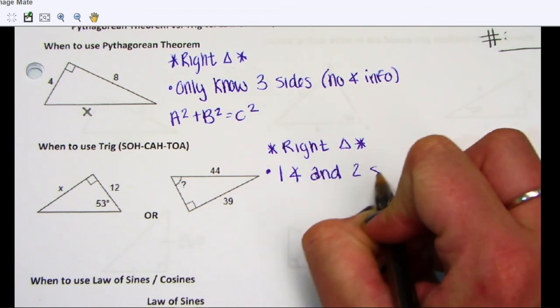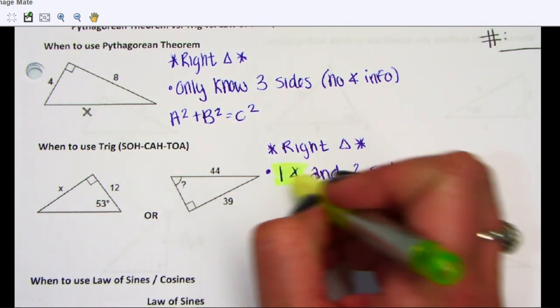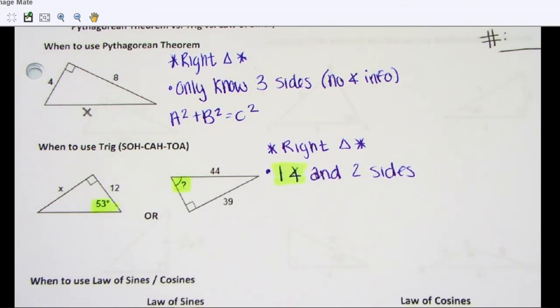As far as the angles are concerned in these problems, when I say 1 angle, I mean the angle other than just the 90. So I'm basically ignoring the 90 degree. Anytime I'm using trig, I want to look for a 90 degree angle as well as some other angle, whether or not it's theta or an actual measurement.